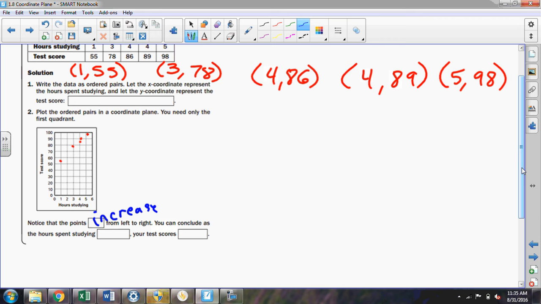That tells us that as the hours you spend studying increases, your test score also increases, which really shouldn't come as a shock to anybody, right? If you want to do better on a math test, you should study.